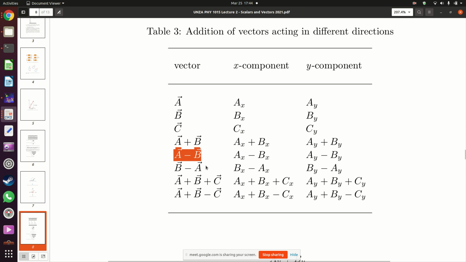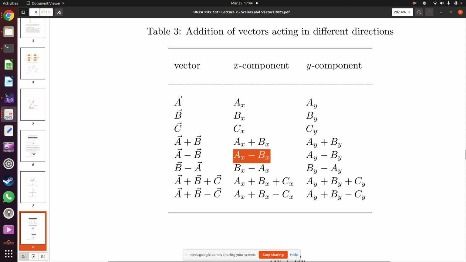Next, we move on to a minus b. This is a subtraction operation. For a minus b, we want to find out how much a minus b is along the x-axis and how much a minus b is along the y-axis. And how do we do that? We just work out this, ax minus bx.